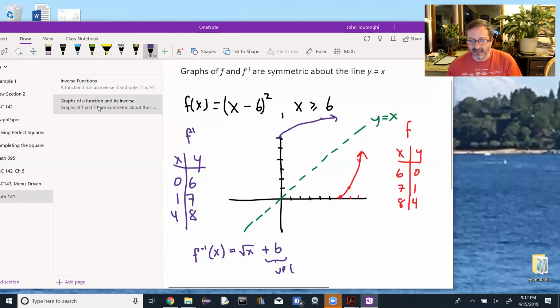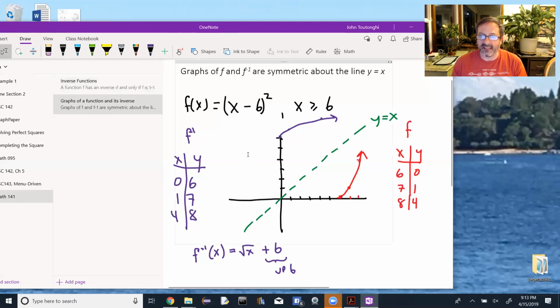Moves it up 6. And then we can sort of see, if I extended both these graphs, they would cross on this purple line over here somewhere. Well, let's not do that because my graph's a little up. They're going to cross here. You can't see me pointing at it. They're going to cross on that green line in the middle. And if you folded that green line, these graphs should look the same.